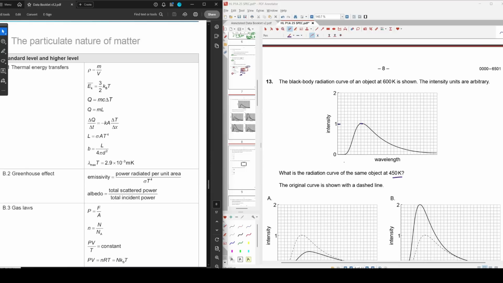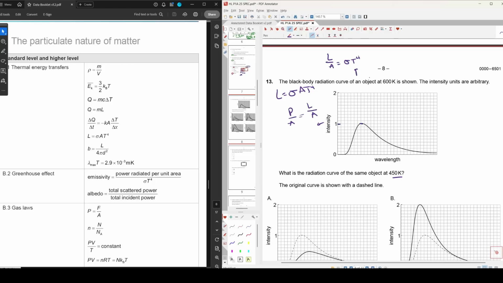The 2 equations to think about are Wien's law and the Stefan-Boltzmann law. Remember, intensity is power over area. And for the Stefan-Boltzmann law, we could say that's luminosity over area. Remember, luminosity is just a type of power. So intensity depends very much on temperature.